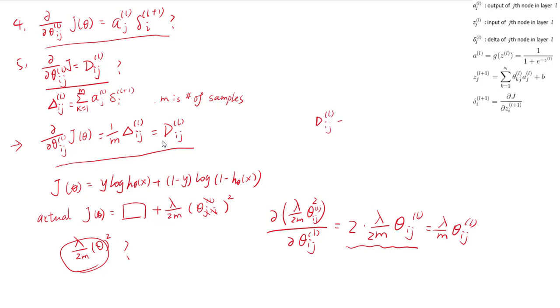D ijl equals 1 divided by m delta ijl if j equals 0, which is the bias term, and D ijl equals delta ijl divided by m plus lambda theta ijl if j is not equal to 0, which means it's non-bias.